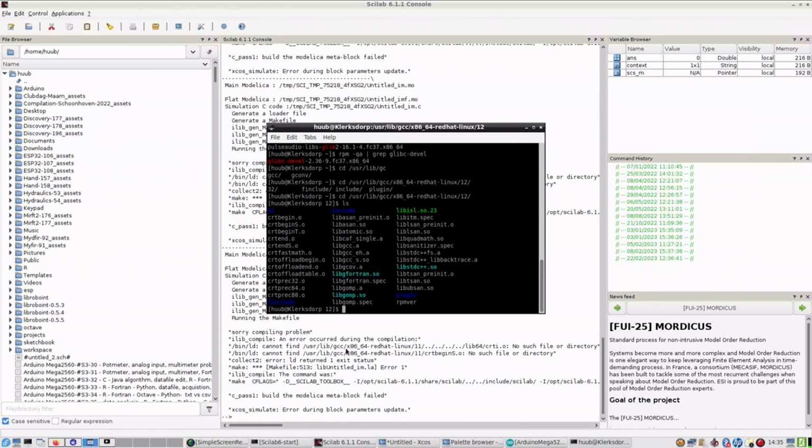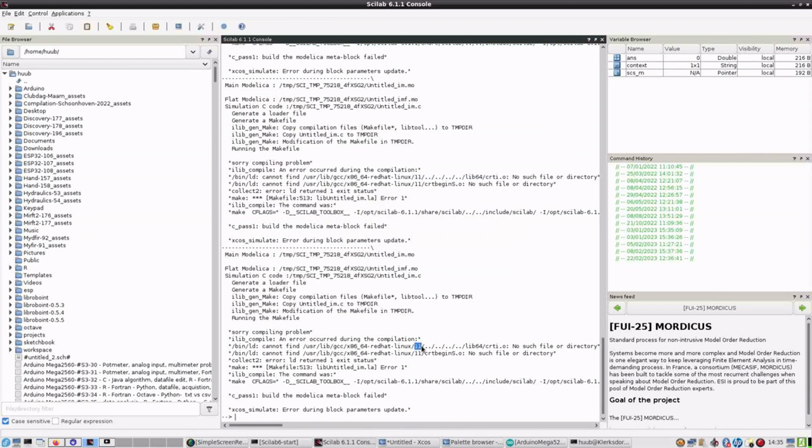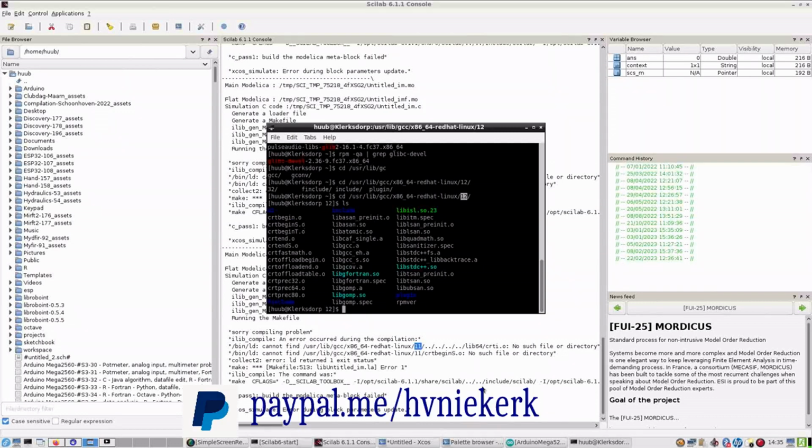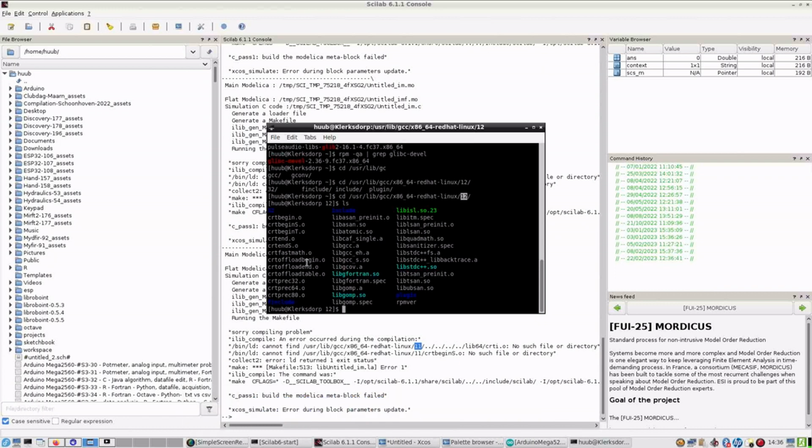And to give you an idea of the cause of the problem, here it says 11, which doesn't exist. It has to be 12. And there are CRT begin S, this one, and the other one is in another directory, but anyway, they are there.